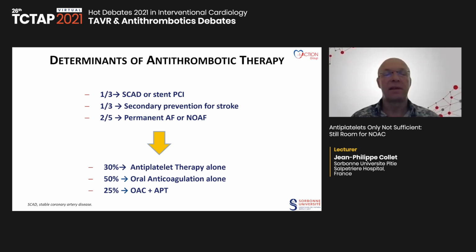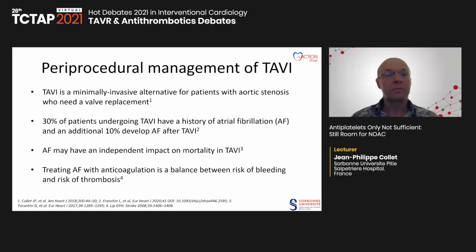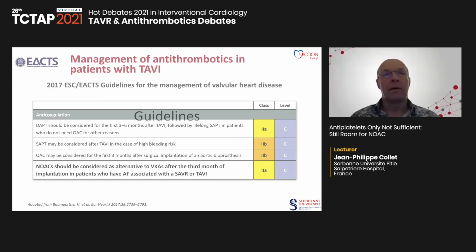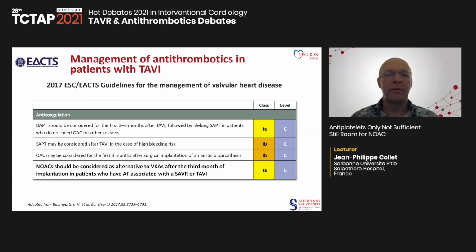And we know that in the setting of AF, we have evidence showing better safety of NOACs in many big pivotal trials. Now, if we look at the guidelines, either European or ACC AHA, it is clear that there is no place for NOAC, but these are mainly expert-derived guidelines, and you can see that the level of evidence is only C, meaning that at the time of the guideline release, the scientific evidence was very poor.